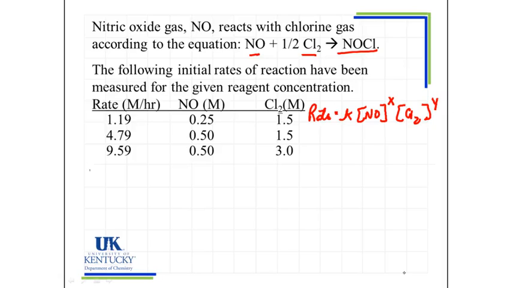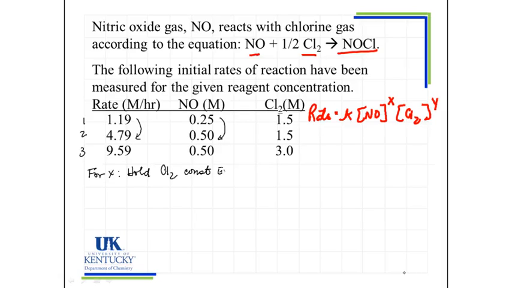So for x, in other words the order of NO, we need to choose experiments that hold chlorine constant. What this does is take chlorine's effect out. As we run these experiments, numbered 1, 2, and 3, by holding chlorine constant, we can see how changing the concentration of NO affected the rate, and from that determine the power.